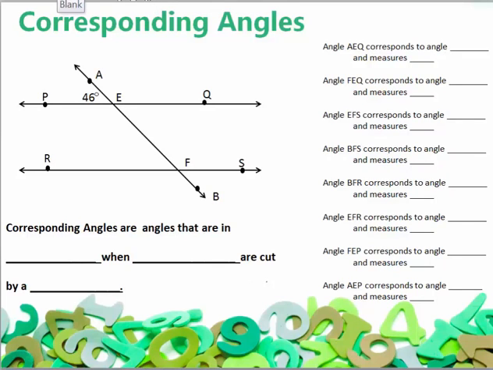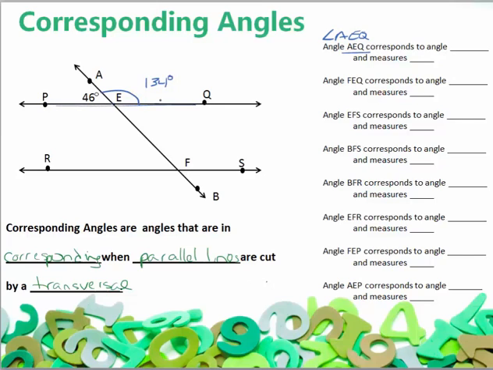Corresponding angles are angles that are in corresponding locations when parallel lines are cut by a transversal. So if we look at angle AEQ, it goes right here. This angle measures 134 degrees, and I know that because this is a straight line.